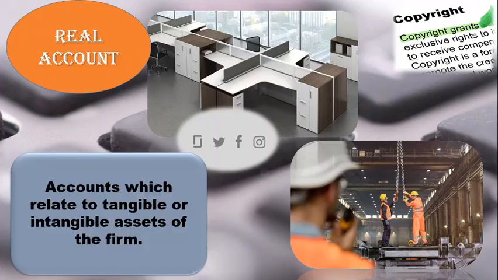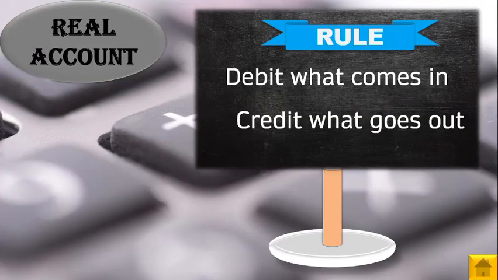So what is real account? The assets, fixed assets, the tangible assets and the intangible assets of the firm are called real account. So in this category, we have all the tangible and intangible assets. So let's understand the rule for this. What is the rule for real account? Debit what comes in.